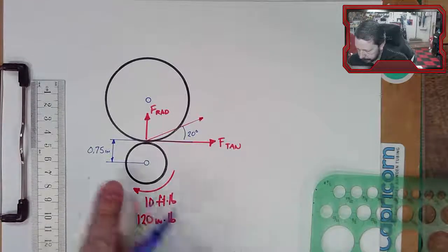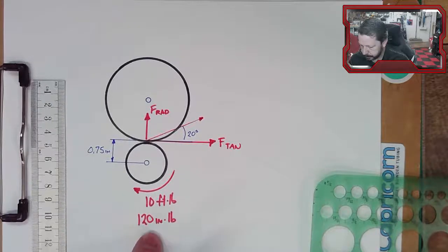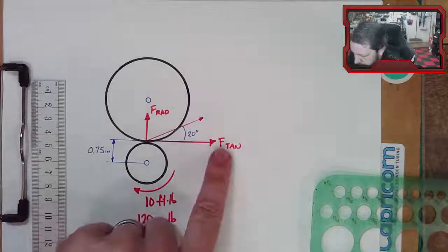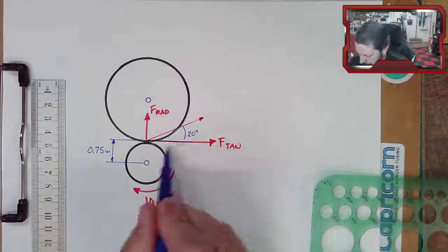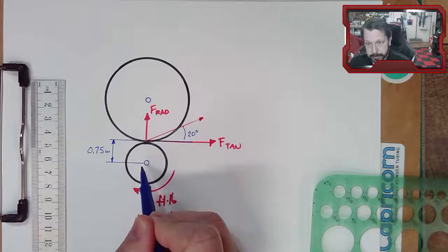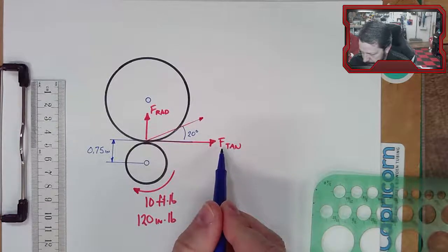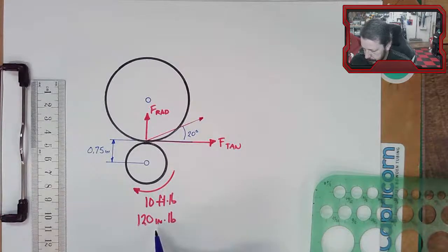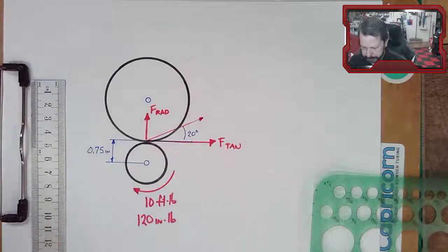If I'm trying to generate 120 inch-pounds of torque, I know a torque is a force, in this case the tangential force, times a perpendicular distance. So F times a 0.75 inch radius equals 120 inch-pounds. So I can back out what this tangential force is.